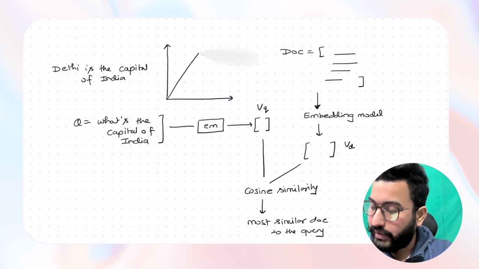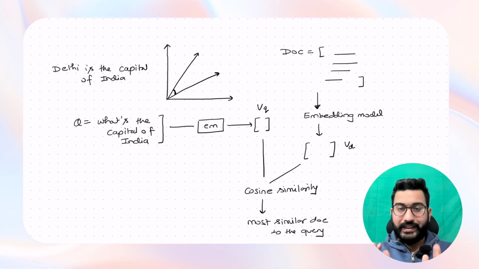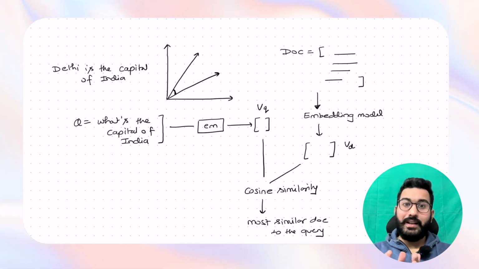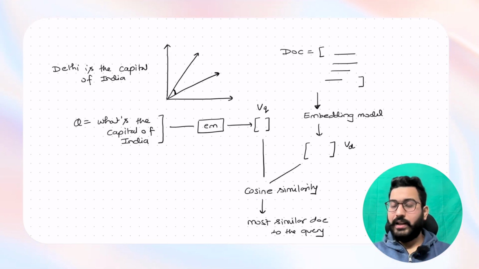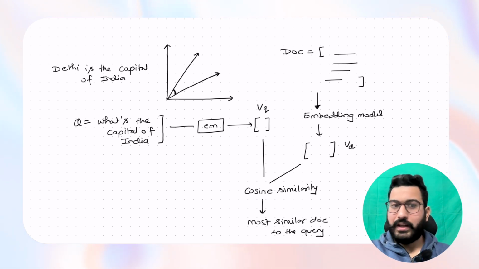So if this is one vector and this is another vector, then cosine similarity is basically finding out this angle. If two vectors are similar to each other, their angle would be less. And if two vectors are very apart from each other, their angle would be high. So that is what we are trying to do.